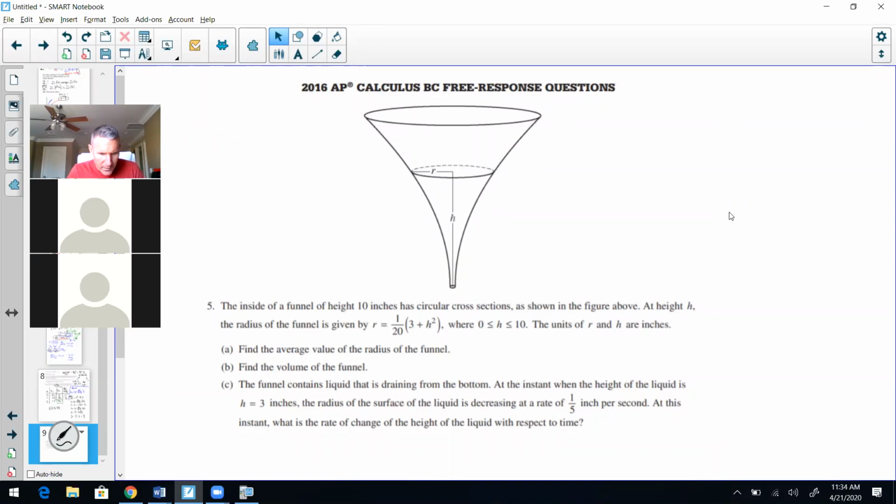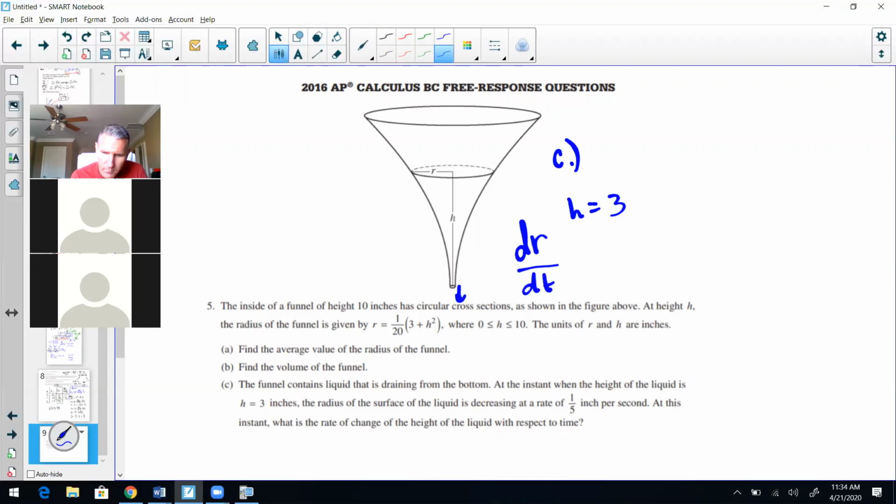We have the funnel contains liquid that is draining from the bottom. At the instant when the height is 3, the radius of the surface of the liquid is decreasing at 1/5 inch per second.